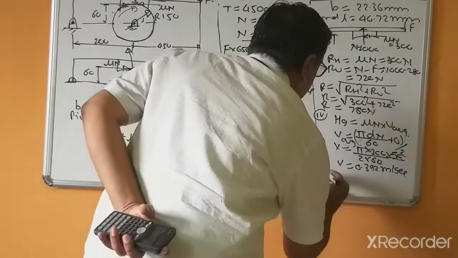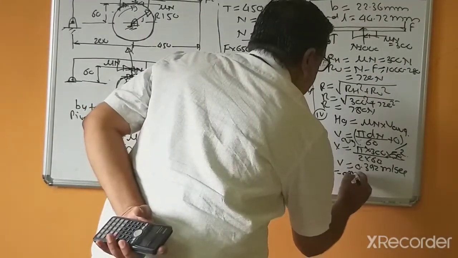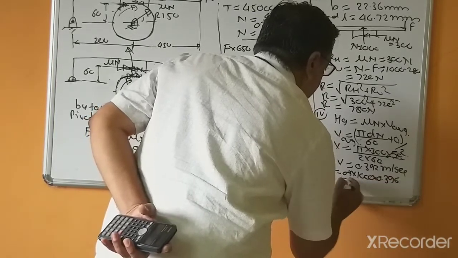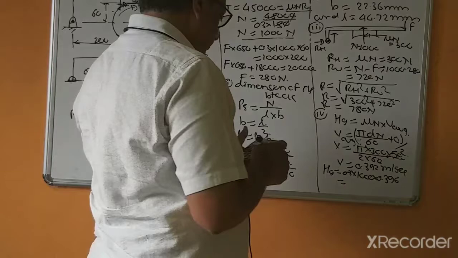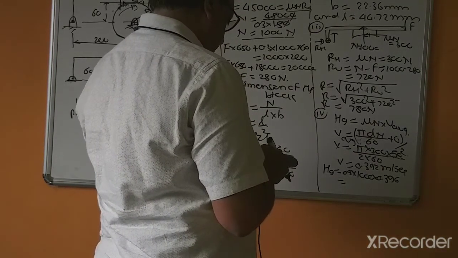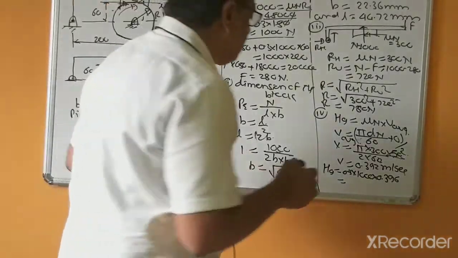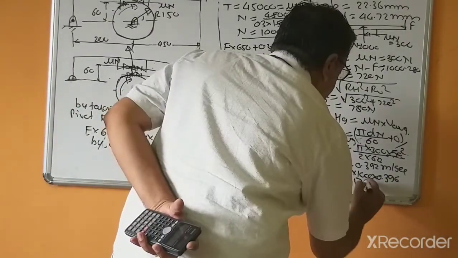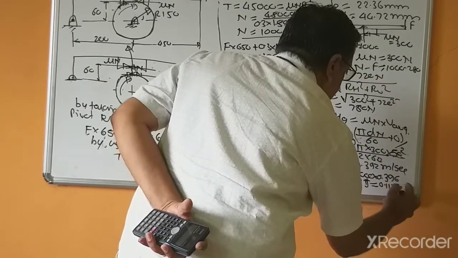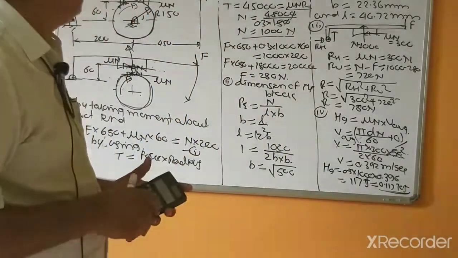So Hg equals mu N times V: 0.3 into 1000 multiplied by 0.392. This is equal to 117 joule or 0.117 kilojoule. So this is correct.